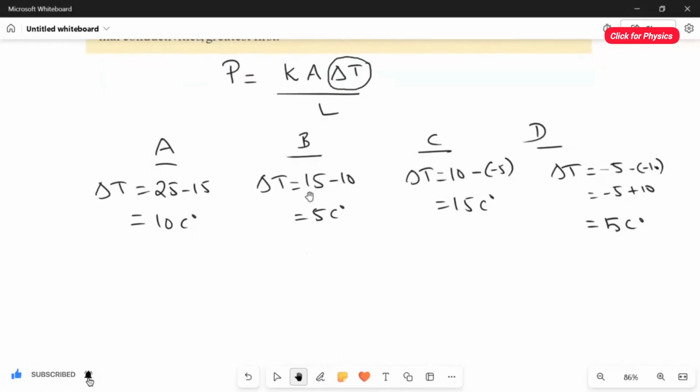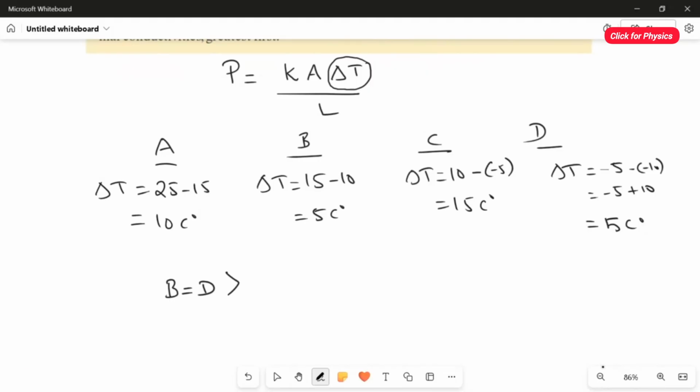So now we can easily give the answer for the thermal conductivity from the greatest value. Materials B and D have the lowest temperature drop, so we can say material B, which is equal to material D, has the greatest thermal conductivity value.